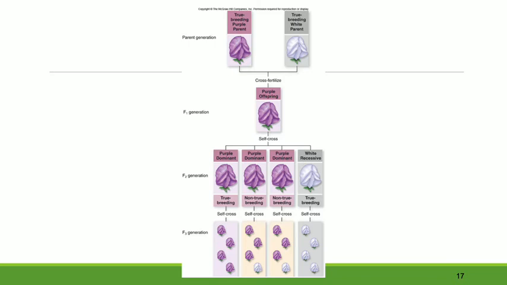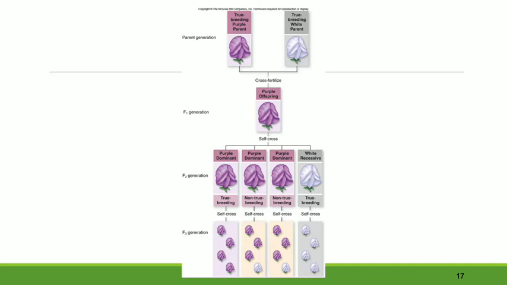However, this generation of purple flowered peas are not true breeding, because when he let this F1 generation, after the first cross, self-fertilize, some of the offspring, remember plants can produce hundreds of offspring because of all the seeds, right? Some of the offspring were white. By definition, true breeding, all of the offspring needed to have that same exact trait that the parent had. And here you go. It's proving that not 100% of them did.